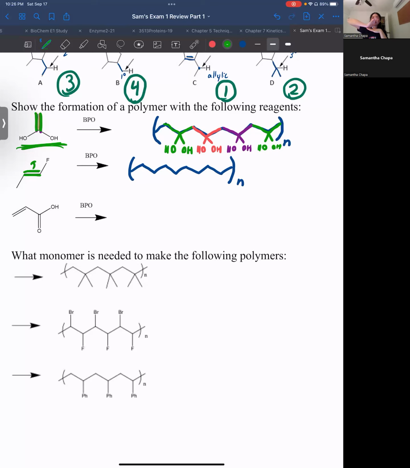I'm going to break it like this. And notice how I have a substituent on this carbon right here and a substituent where my wrist is at. This will be my methyl group, and this one will be my fluorine group. So I'm going to keep attaching these subunits to one another. So let me try to do this.